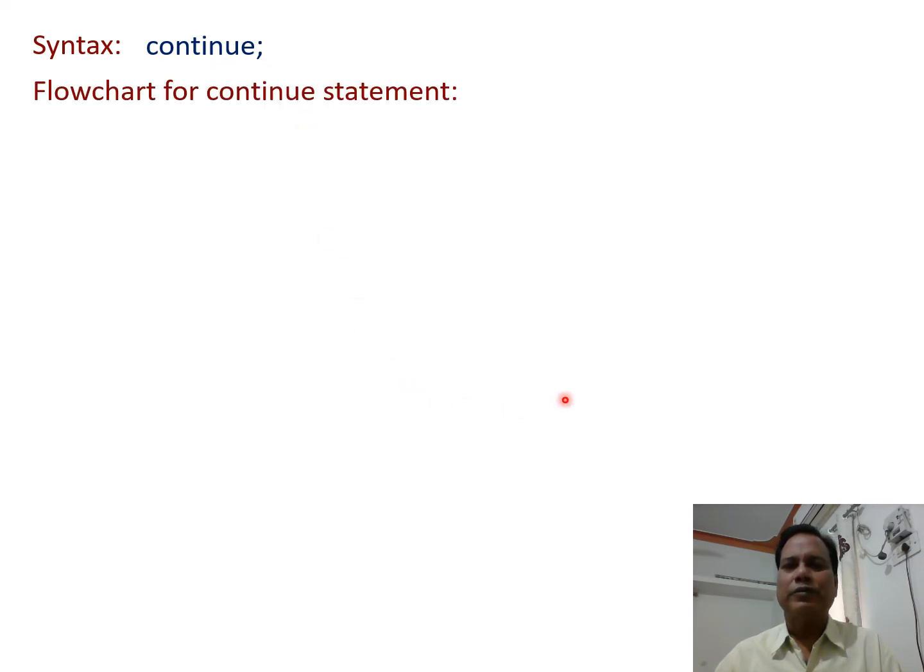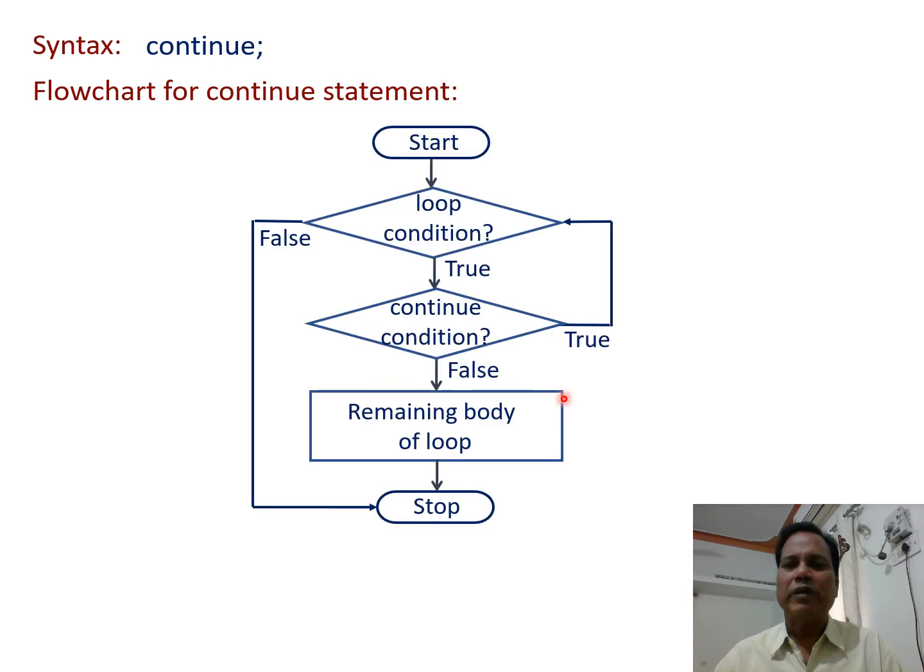Let us see the flow chart of the looping statement in which continue statement is used. As shown in this flow chart, first the looping condition is tested. If this condition is true, then the condition of the continue statement is tested. If it is true, then the continue statement is executed and control goes to the condition of the looping statement.